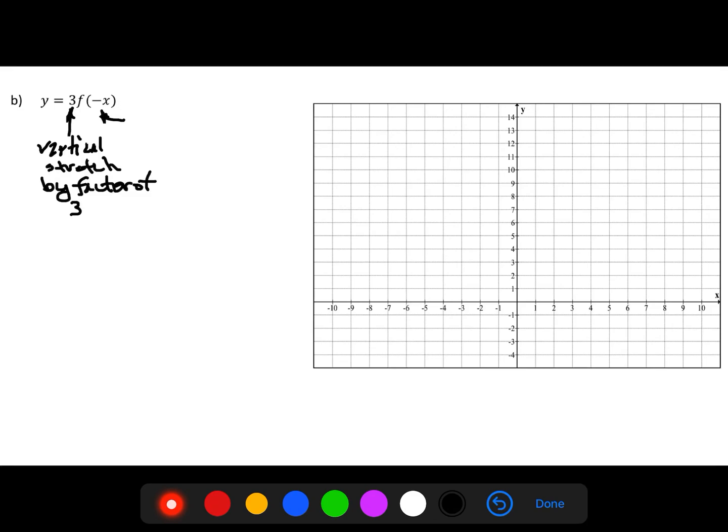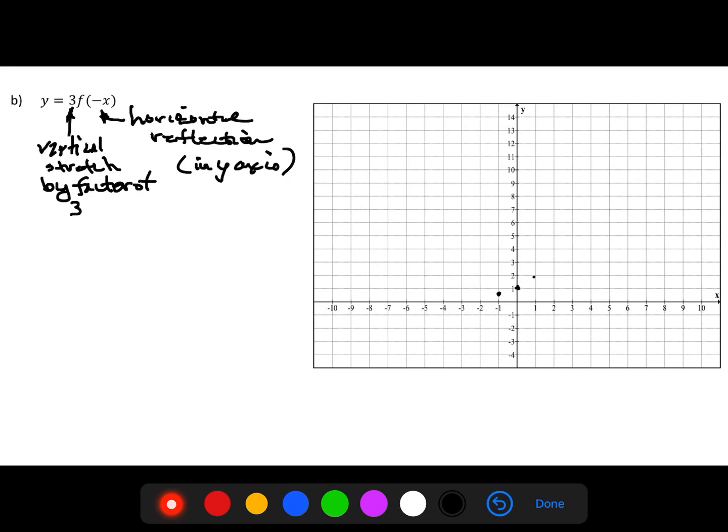And our negative in front of the x means that we're going to have a reflection, and this is going to change our x values from positive to negative and negative to positive. So we're going to have a horizontal reflection, or in the y-axis.